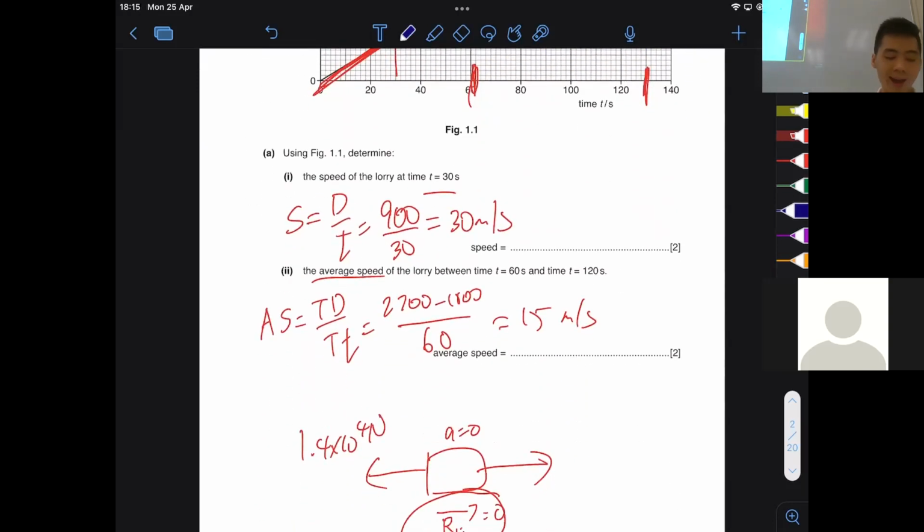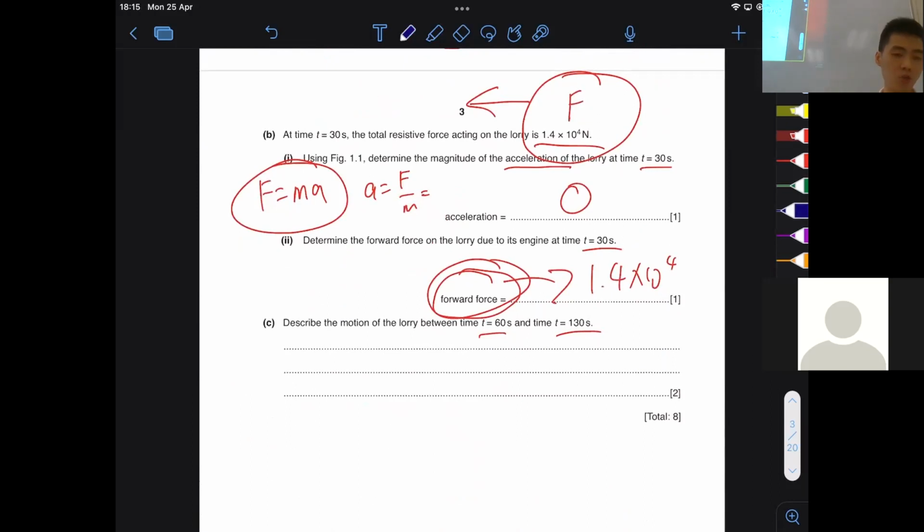So you can write anything from here, guys. You could either mention that the speed is decreasing. You could say that it is going through deceleration. You could also say that eventually it's going to stop.